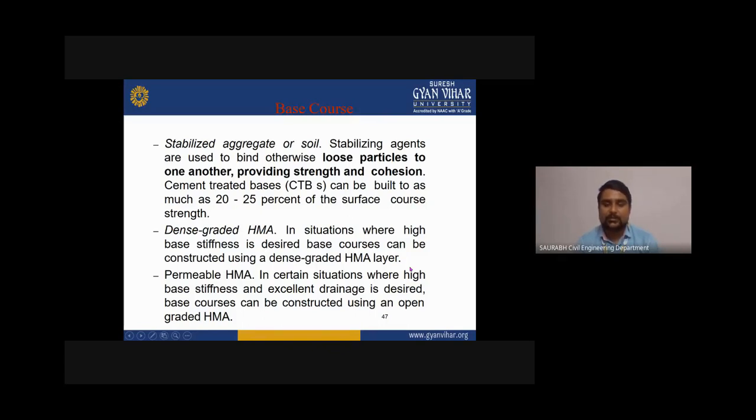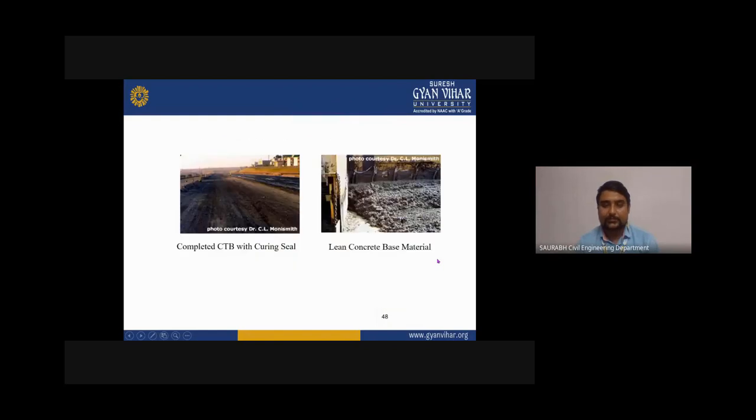Dense graded HMA: in situations where high base stiffness is desired, base course can be constructed using a dense graded HMA layer. Permeable HMA: in certain situations where high base stiffness and excellent drainage are desired, base course can be constructed using an open graded HMA.